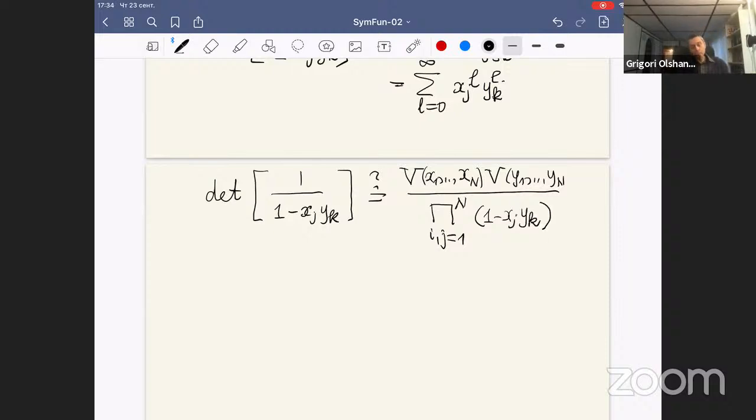Okay. So this is the so-called Cauchy determinant.